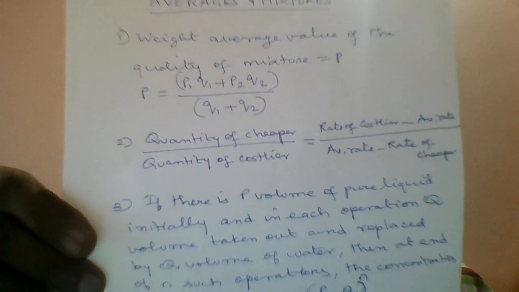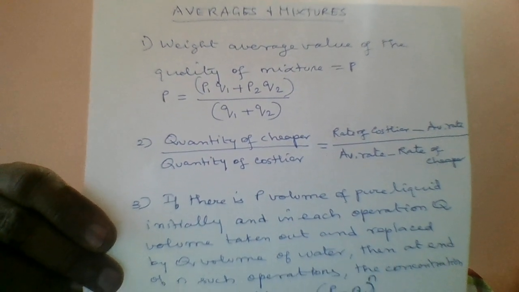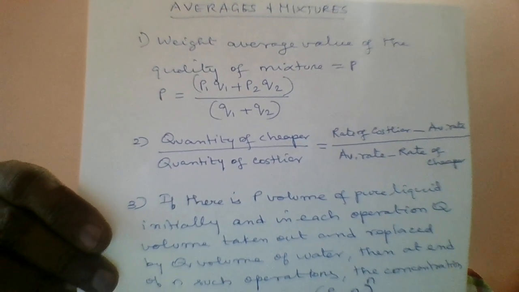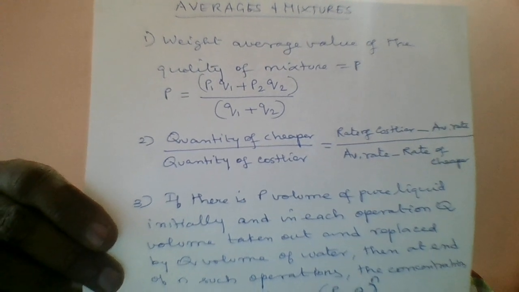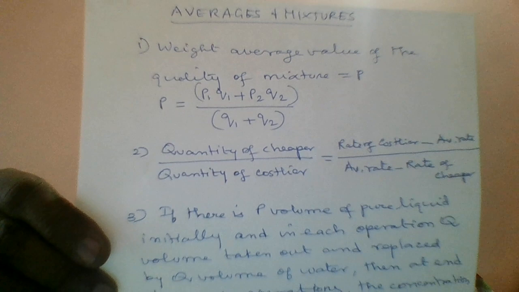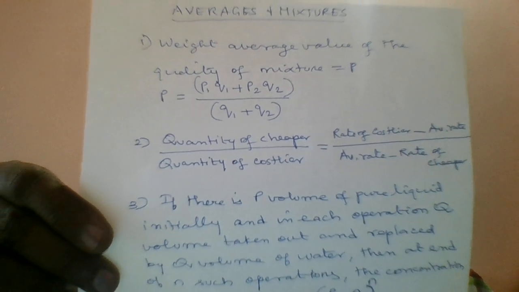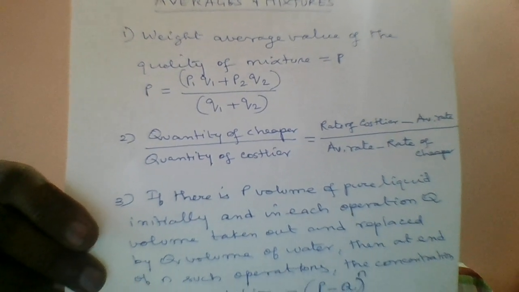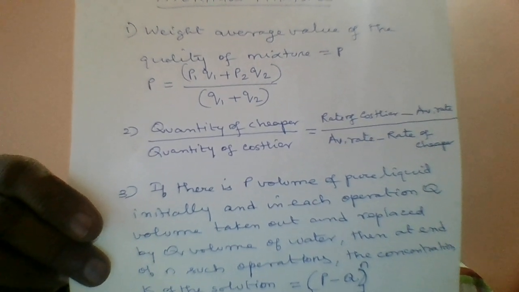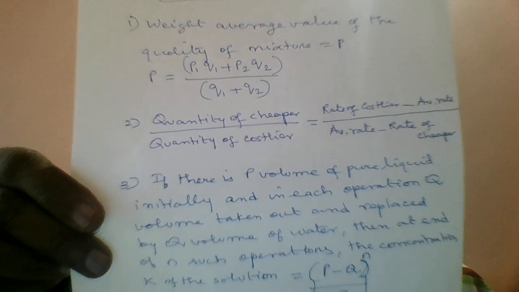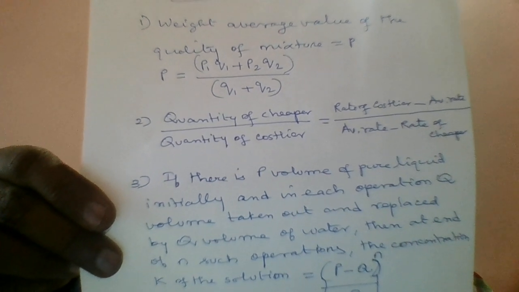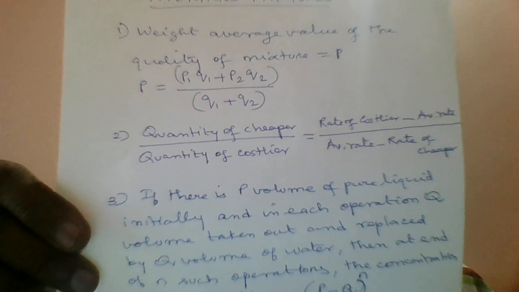I repeat this. Quantity of cheaper goods divided by quantity of costlier goods is equal to (rate of the costlier good minus average rate) divided by (average rate minus rate of cheaper goods). If there is P volume of a pure liquid initially, and in each operation you take out Q volume and replace it with water, then at the end of n such operations, the concentration of the solution is ((P minus Q) divided by P) whole power n.